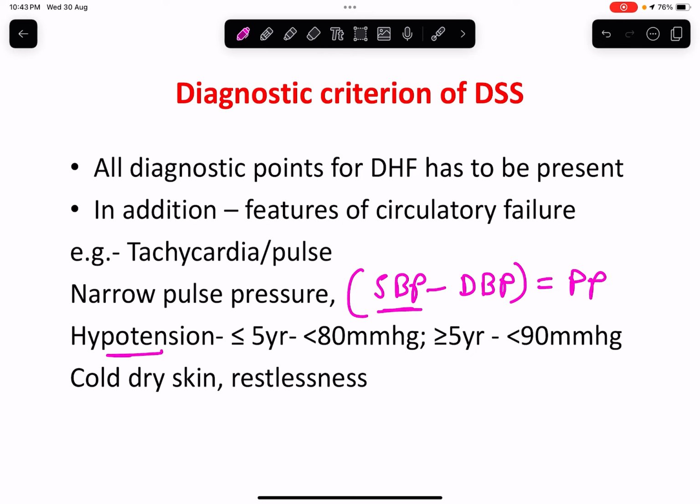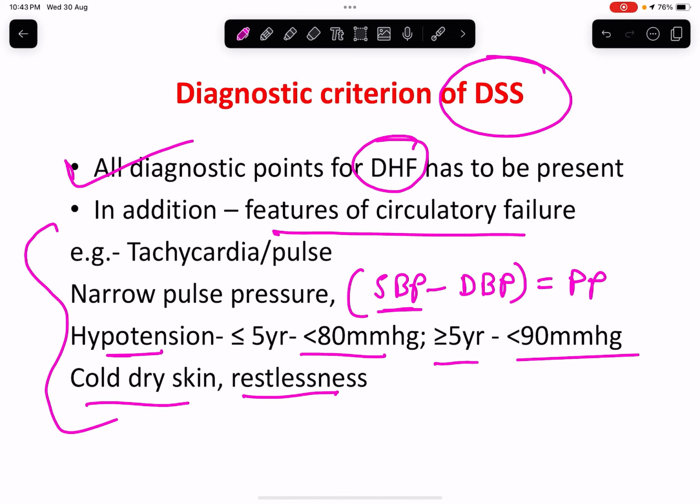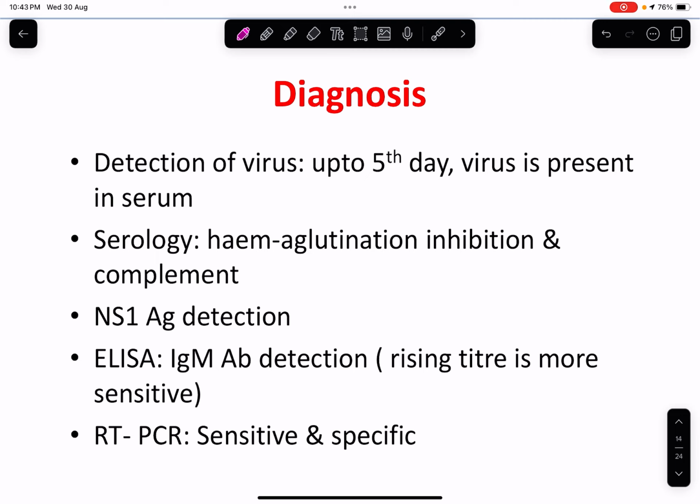If the age is 5 or below and the systolic blood pressure is less than 80, and more than 5 years systolic blood pressure less than 90, cold, dry skin and restlessness. So these are the features of circulatory failure. Along with the features of dengue hemorrhagic fever, if the patient has features of circulatory failure, we call it dengue shock syndrome. So we have known about classical dengue fever, dengue hemorrhagic fever and dengue shock syndrome.